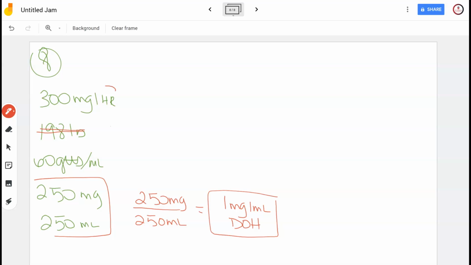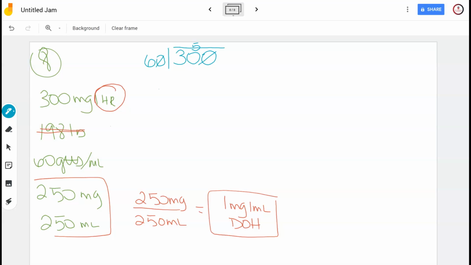Now we calculate everything in minutes, not hours. There's 60 minutes in an hour. So you're going to figure out how many drops per minute. So 300 over 60, simplify. 6 goes into 30 5 times.